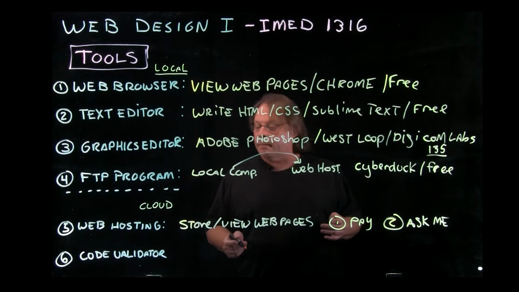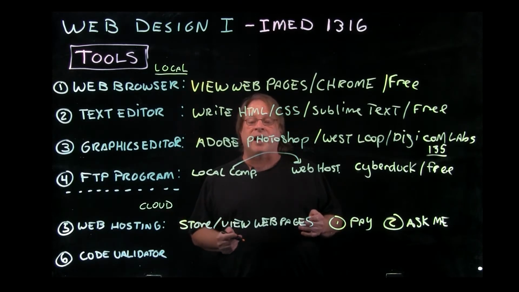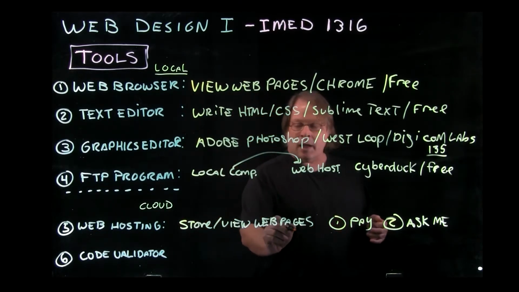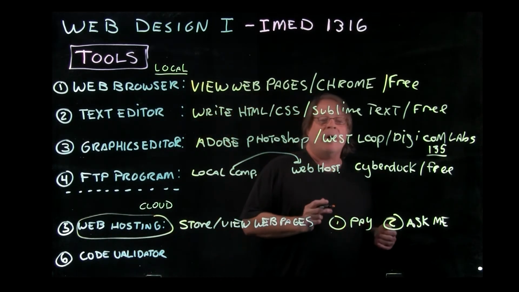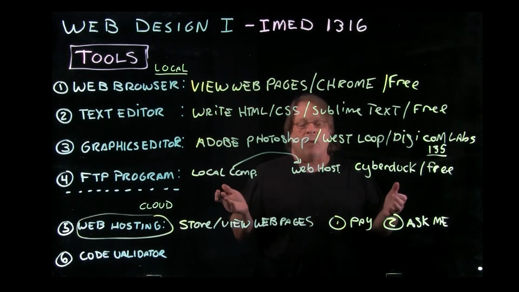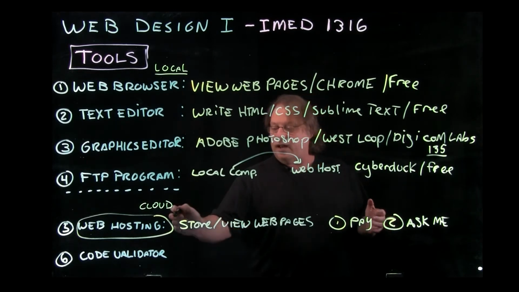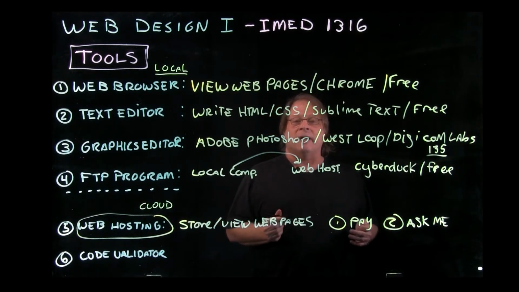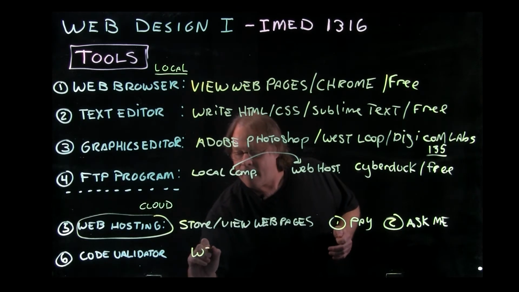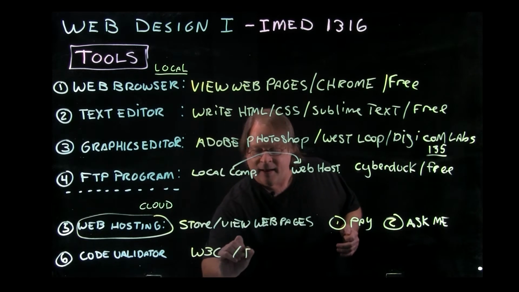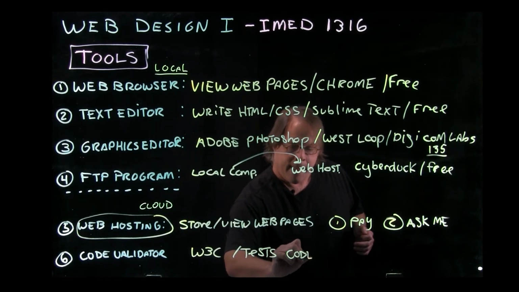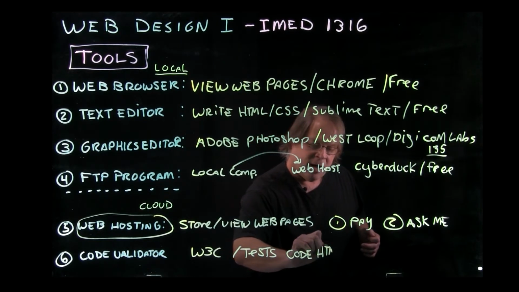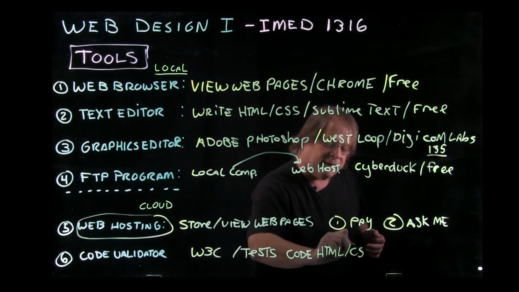So web hosting. Last thing is you need the code validator. Once you upload your web pages to your web host, you can then take the web address or URL and feed it to the code validator, which is online. It's at the W3C. It tests code, HTML, and CSS.